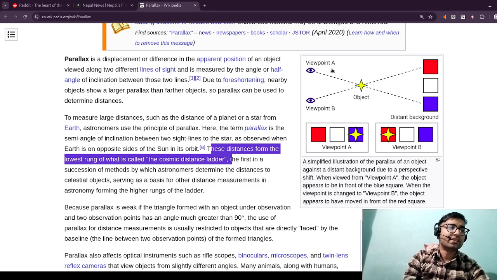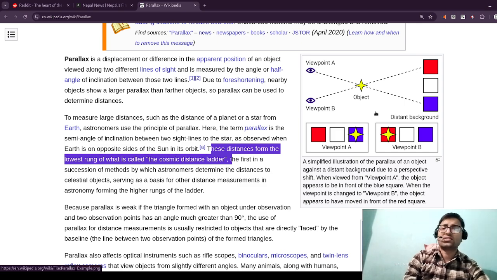Here is a simple illustration of parallax of an object against a distant background due to the perspective shift. When viewed from viewpoint A, the object appears to be in front of the blue square. When the viewpoint is changed to viewpoint B, the object appears to have moved in front of the red square.